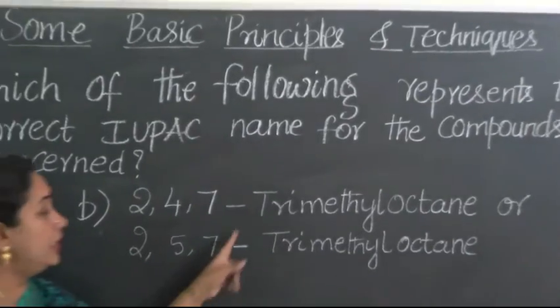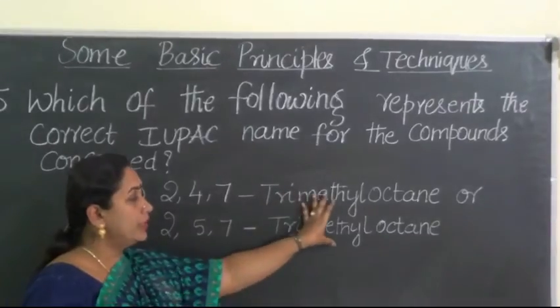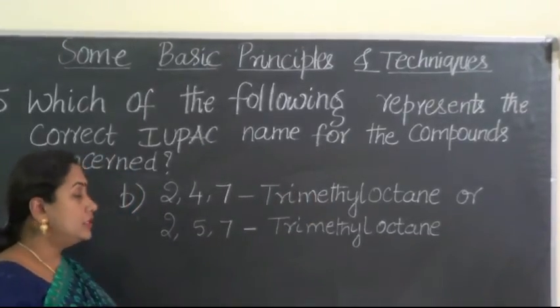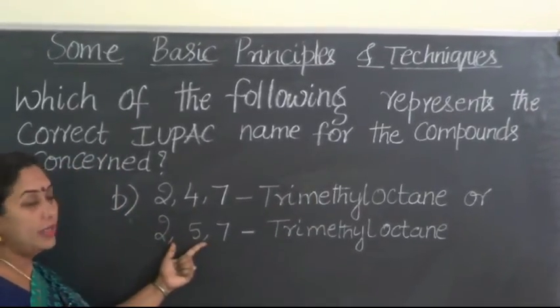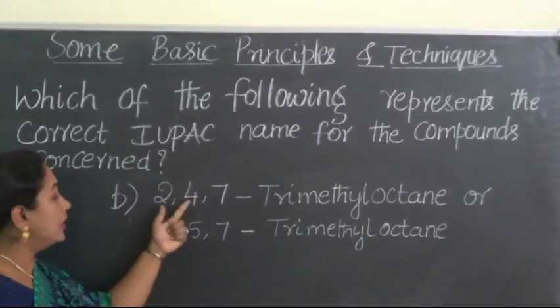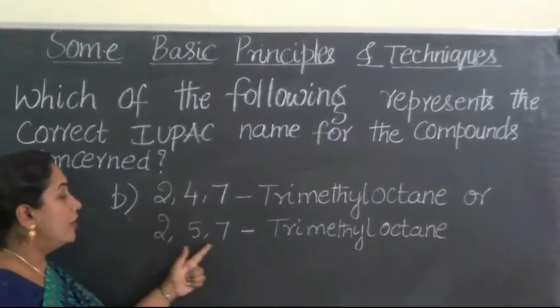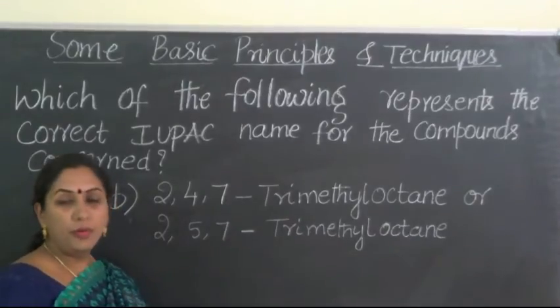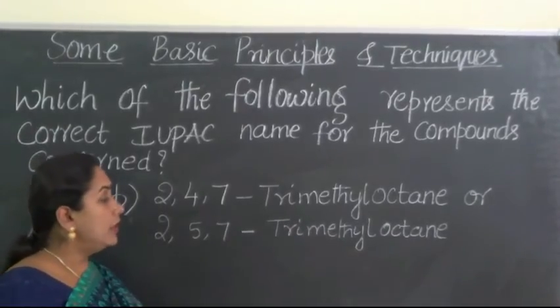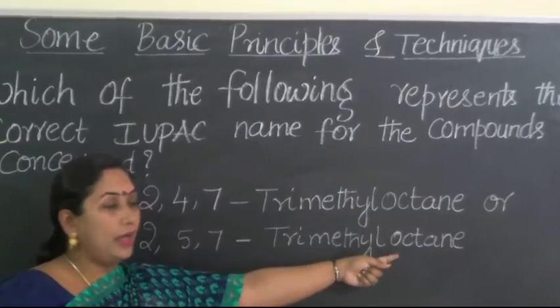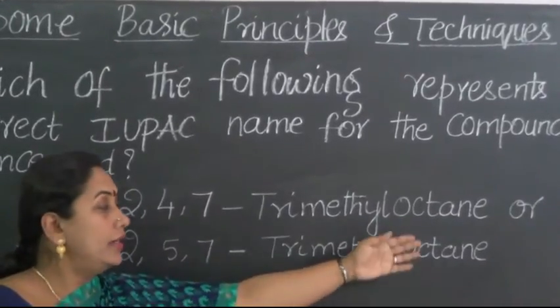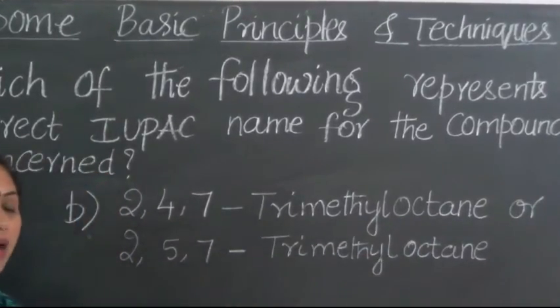Though we don't see a difference in the complete name, still we are seeing a difference in the locants allocated for the 3 methyl groups present in a carbon chain containing 8 carbon atoms, and it is a saturated hydrocarbon. Now which one would be the correct name?